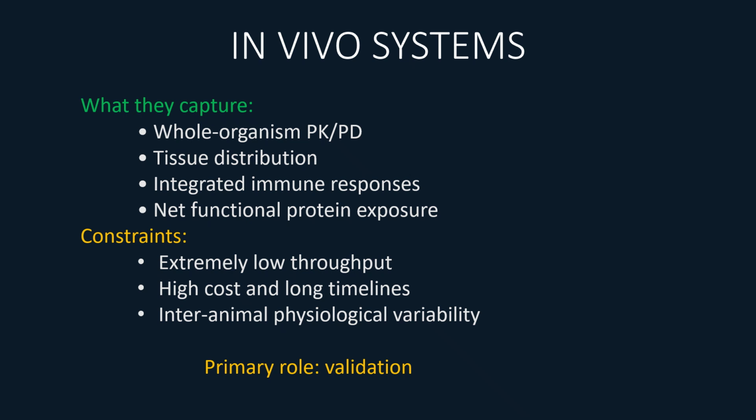They also capture integrated immune responses, both innate and adaptive, which strongly influence stability, translation, and clearance. Because all biological processes are present, in vivo measurements reflect the net outcome of delivery, cellular uptake, translation, degradation, and systemic regulation.